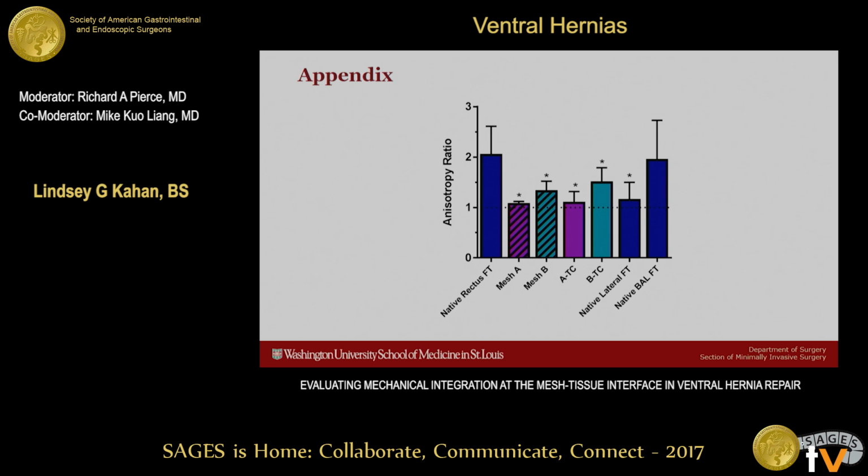The lateral section of the abdominal wall is pretty isotropic, even though in certain directions it exhibits the same stiffness as the native rectus area. And then below the arcuate line is again anisotropic. So potentially, in the future, we could design meshes that match different sections of the abdominal wall for different kinds of hernia repairs.